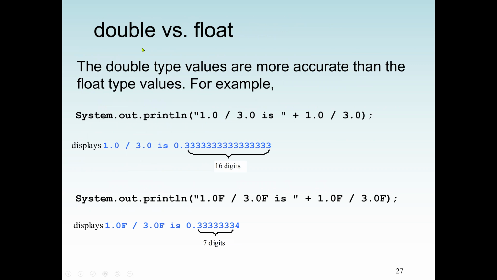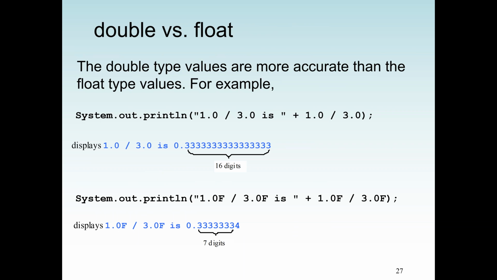Now, what's the difference between double and float? The difference is that one has more decimal places, and the other has fewer. So we say double type values are more accurate than float type values.